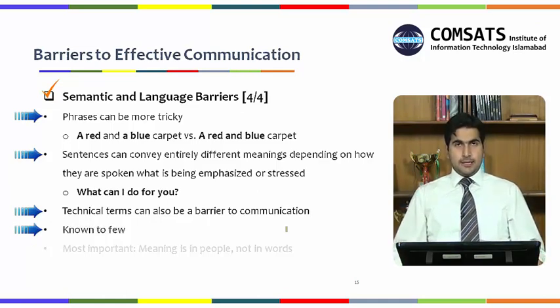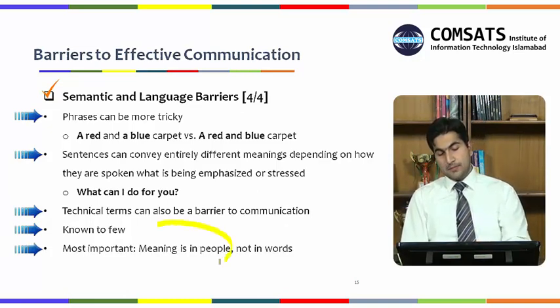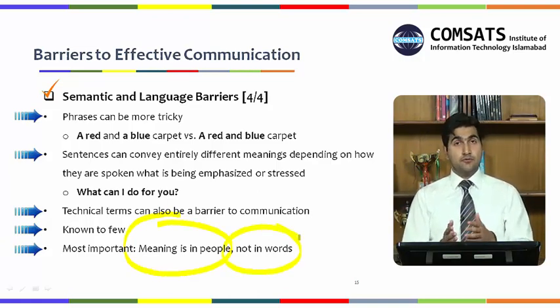And one important thing you should understand regarding semantic and language barriers is that meaning is basically within people, not in words. That's why you find all these variations, all these contexts. Even we give new meanings to different abbreviations.